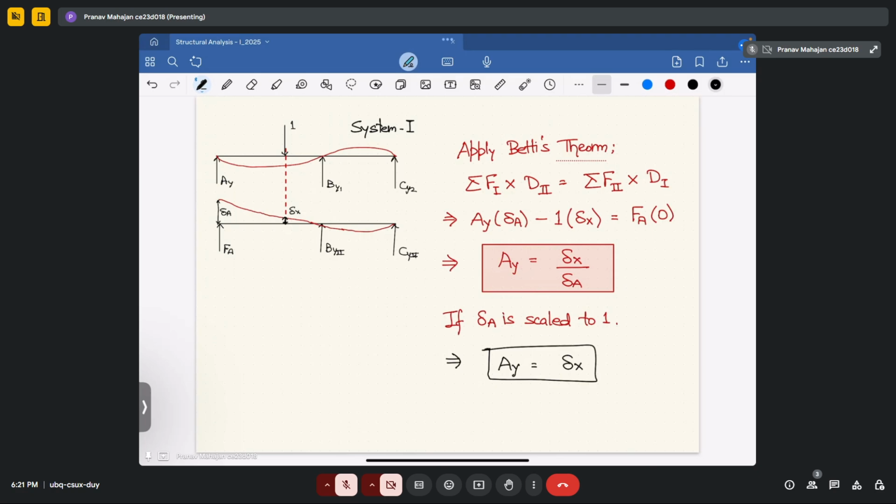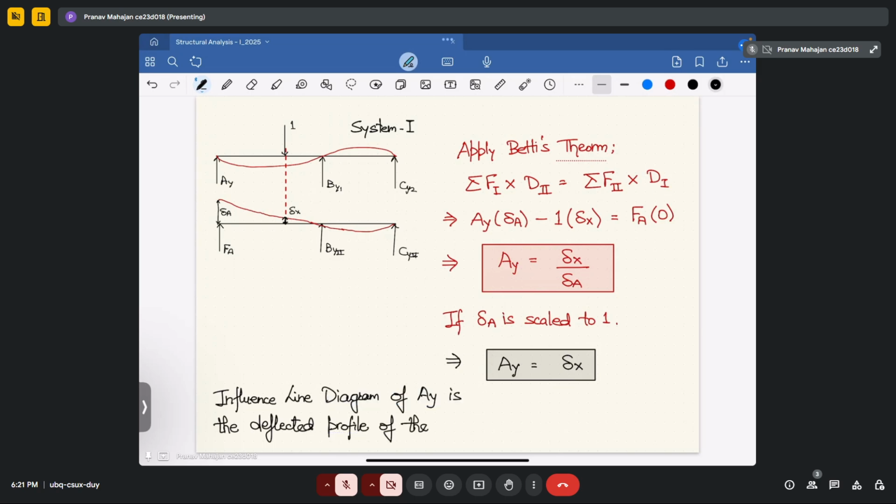Fine? That means if I am trying to signify what I am getting, your influence line diagram of reaction Ay is the deflected profile of the beam corresponding to delta X equal to 1 at joint A. Fine.